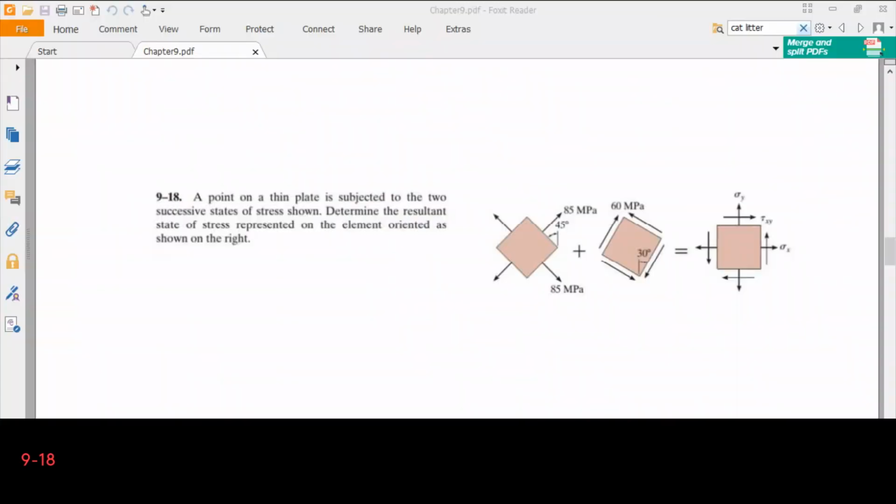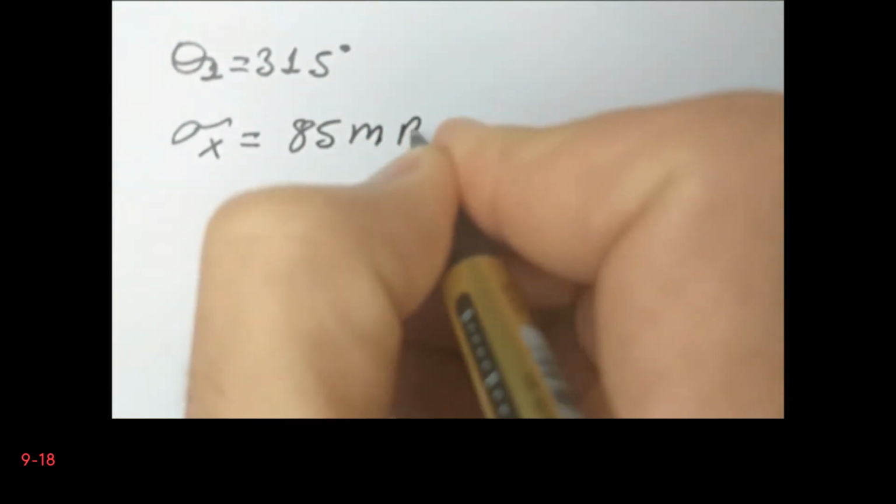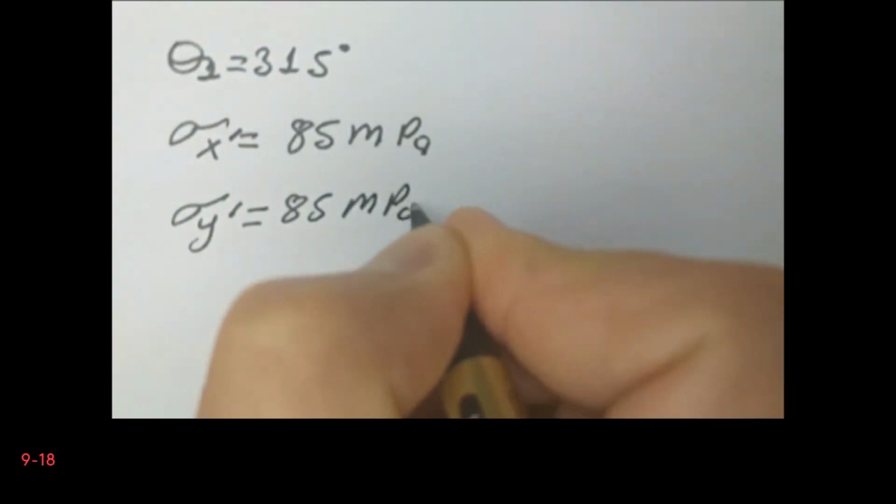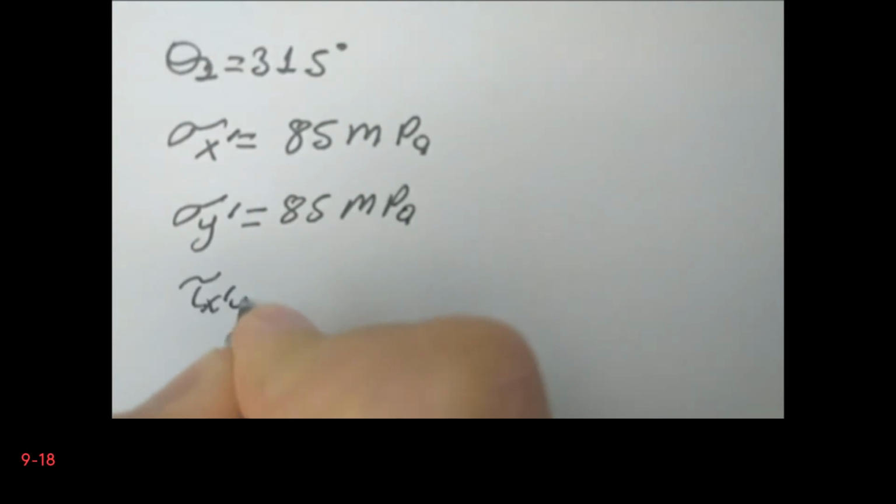Theta 1 is equal to 315 degrees. Sigma x prime is equal to 85 megapascals, as you see. Sigma y prime is equal to 85 megapascals, and tau x prime y prime is equal to 0.